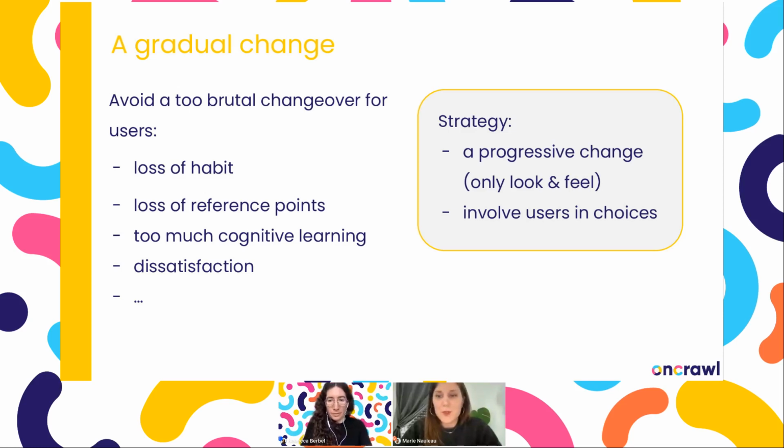Because indeed users have habits and reflexes in their daily use of the app, and we wanted to avoid a brutal switch for them and potentially a loss of satisfaction. So we chose to only apply the new graphic charter and to make users participate in our choices. This way, users are part of our process and help us to make the best decision.